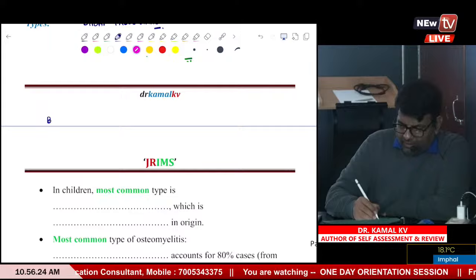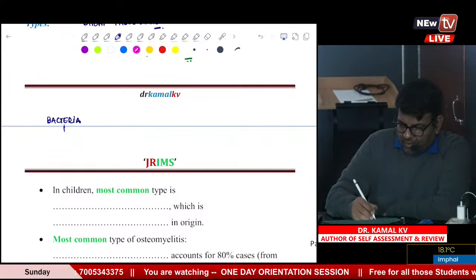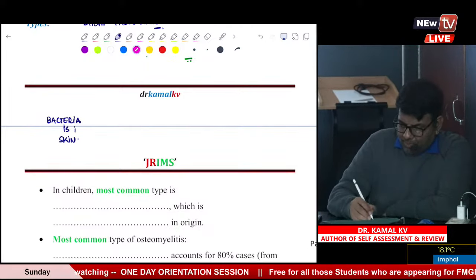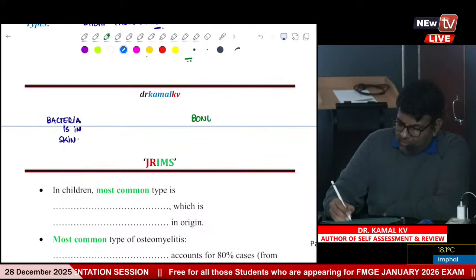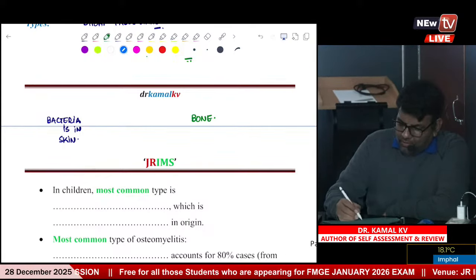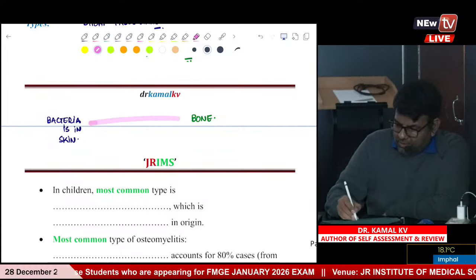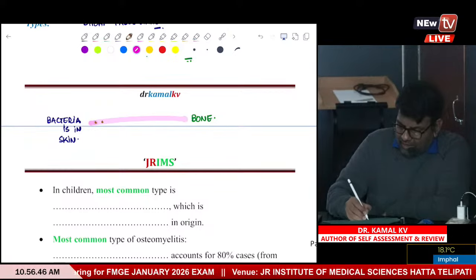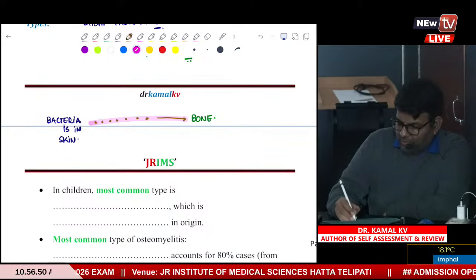Suppose there is bacteria lying somewhere in the skin. The bacteria is in the skin, and what is happening? This is bone. So this is the blood channel. So bacteria will gain entry into the blood channel and it will travel all the way to bone.